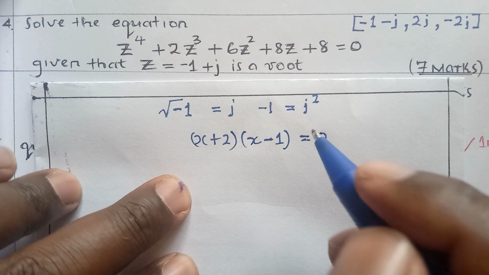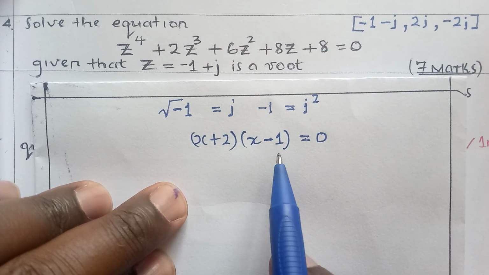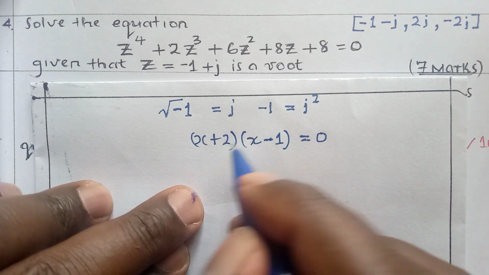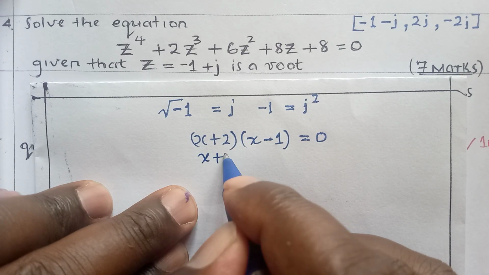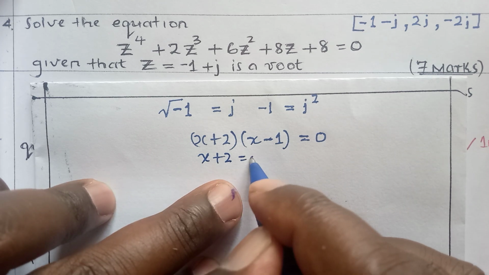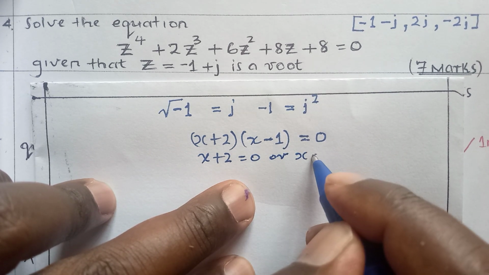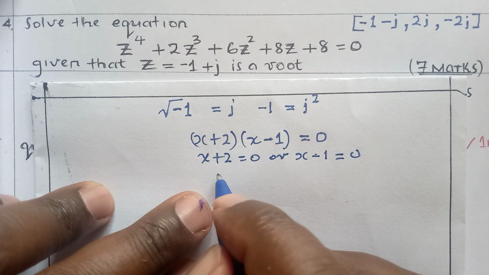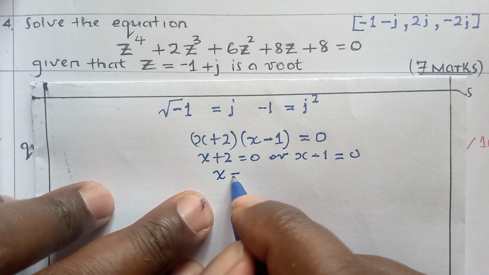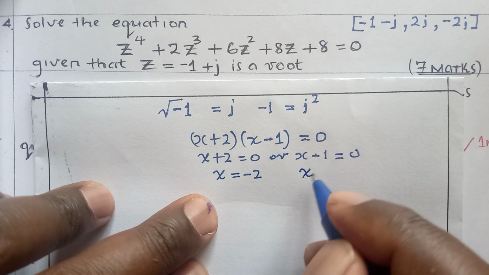We are solving a certain quadratic equation and we get these factors. So our roots are going to be: x plus 2 equals 0, or x minus 1 equals 0. So now x is equal to negative 2, and here we have x is equal to 1.